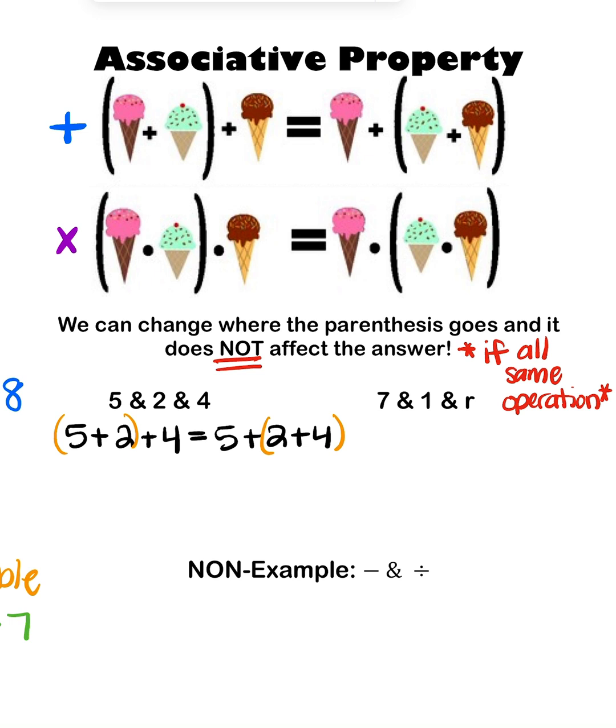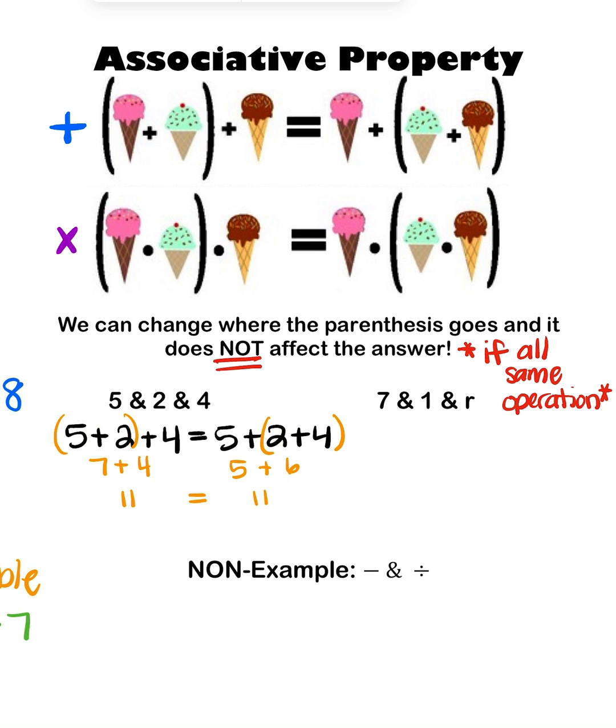Okay, so we have 5 plus 2 is 7, and 7 plus 4 is 11. Over here, 2 plus 4 is 6, and 6 plus 5 is 11. 11 equals 11, so we know we have proven that it doesn't matter where our parentheses go, as long as it is all the same operation. So in this problem, we had adding and adding, adding and adding. Again, as long as it's all the same operation, it does not matter where our parentheses go.